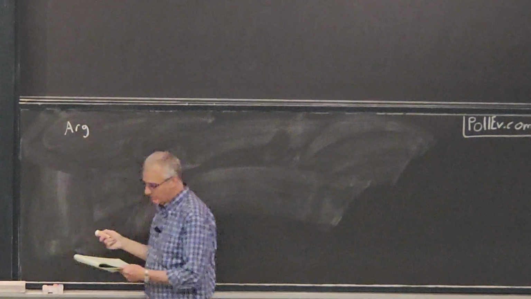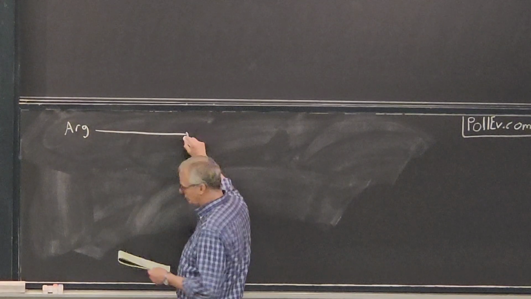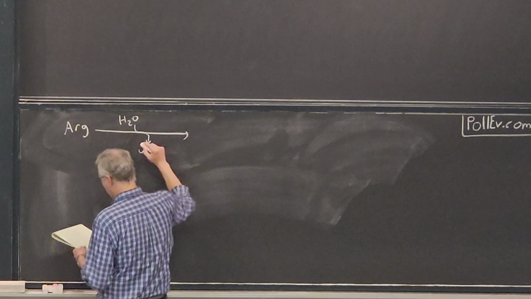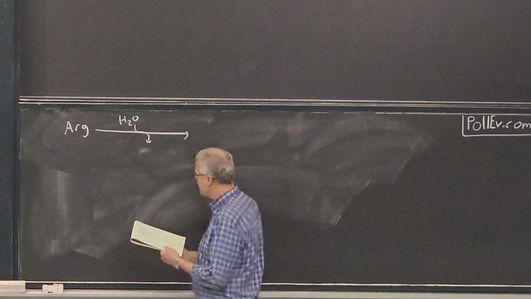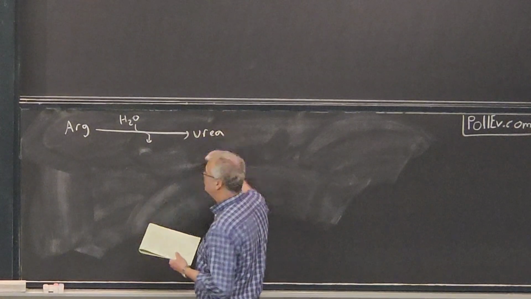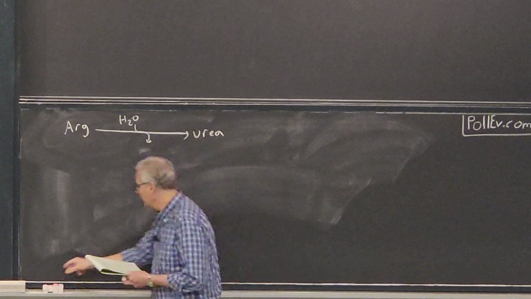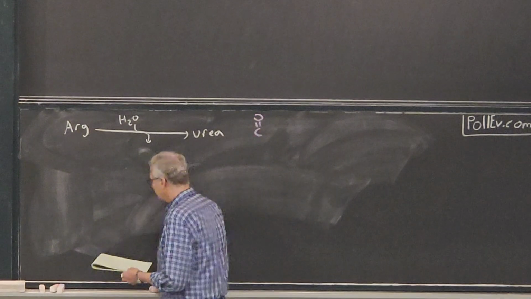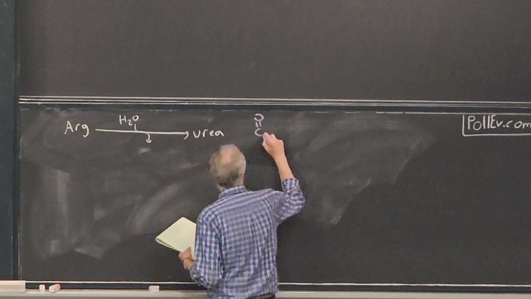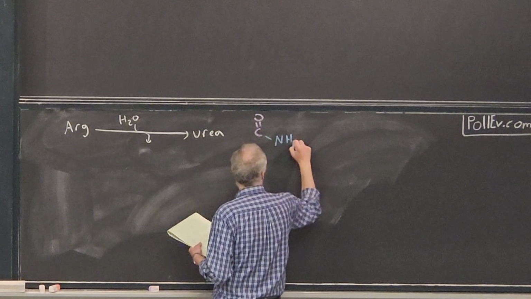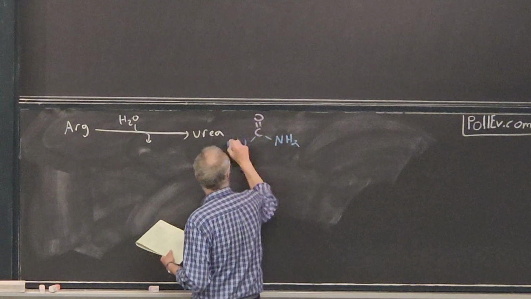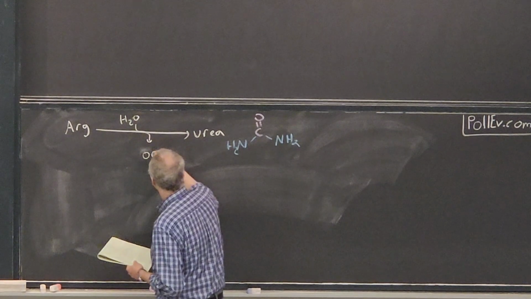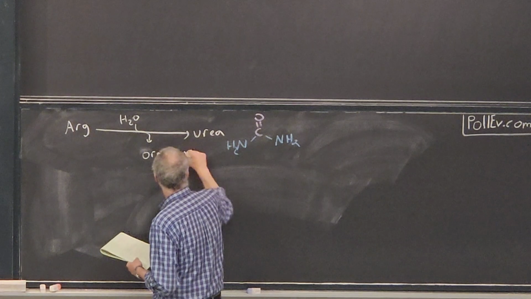So here we have arginine. As I just showed you, if I have arginine, I can take water and that side chain, the reaction shown over there, and generate a molecule of urea, all right? And what I'm left with is ornithine, okay?